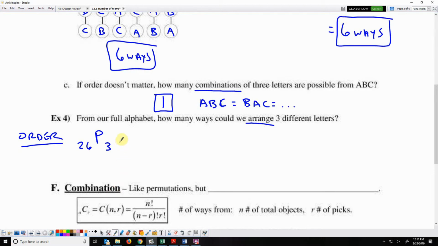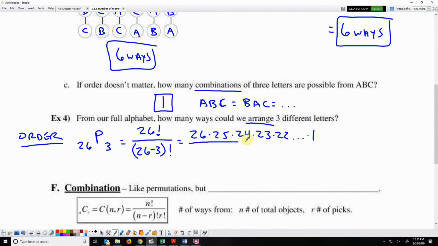Okay, so as a permutation, that's n factorial over n minus r factorial, 26 factorial over 26 minus 3 factorial. 26 options, but only using 3 of them. So that's 26 times 25 times 24 times 23 times 22, all the way down to times 1, over 26 minus 3 is 23, so that's 23 times 22, all the way down to times 1.